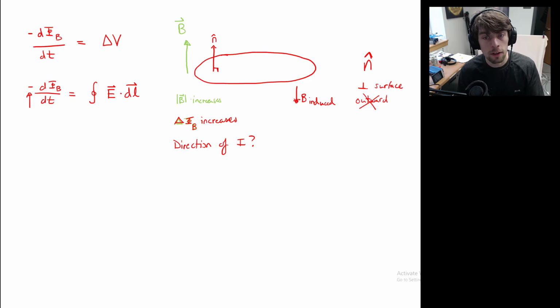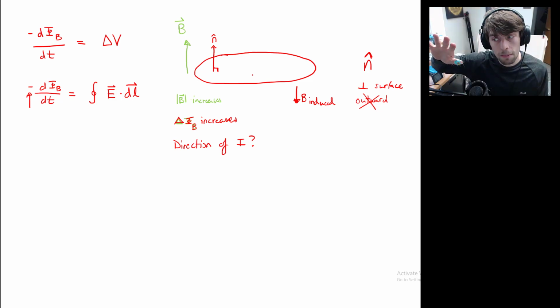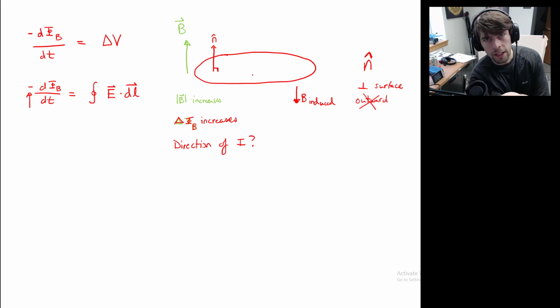Well, if the induced magnetic field is pointing downwards inside the loop, remember we're talking inside the loop here, that means that when I apply my right hand rule, think about grabbing the wire. If I grab the front edge of this wire, do I grab it with my thumb going to the right?